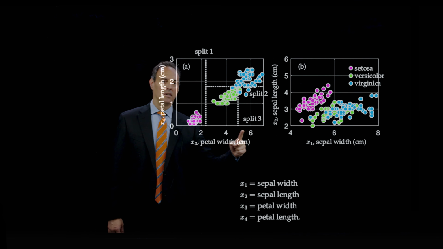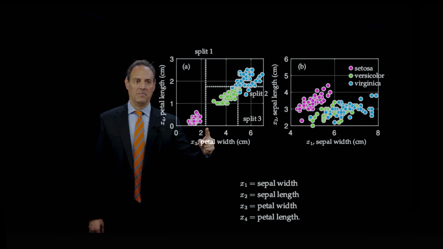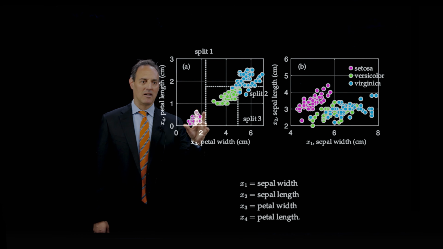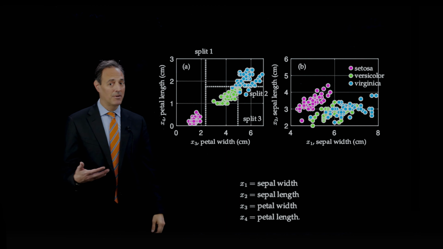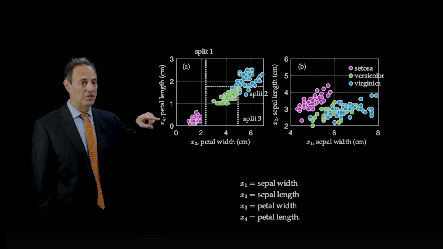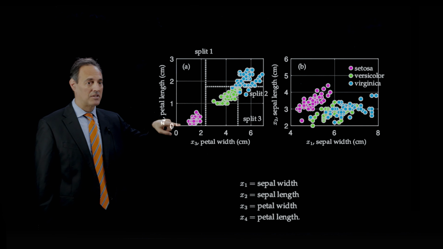That's about the x3 direction. If I scan along here, this is quite remarkable because in fact, I can completely separate the magenta balls from the rest of the data. So the x3 direction looks very promising. And in the x4 direction, again, I can scan this way.